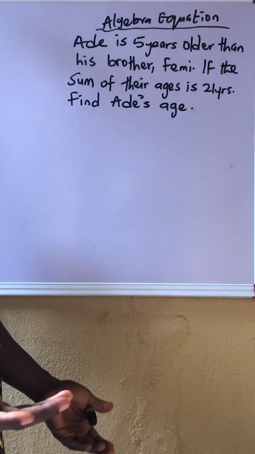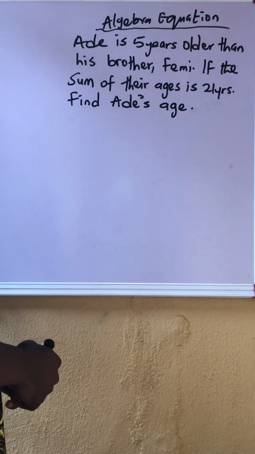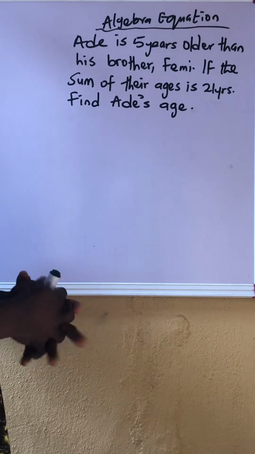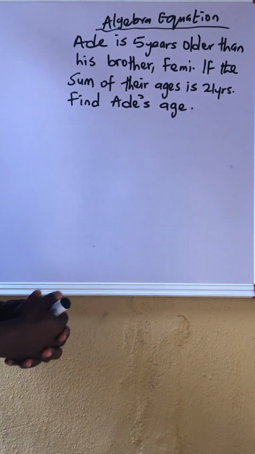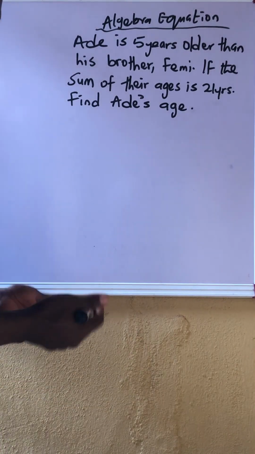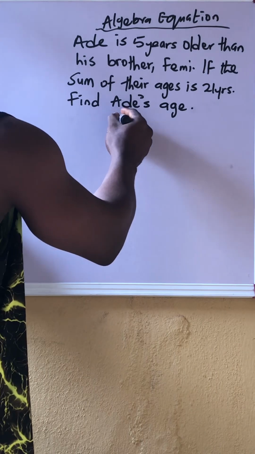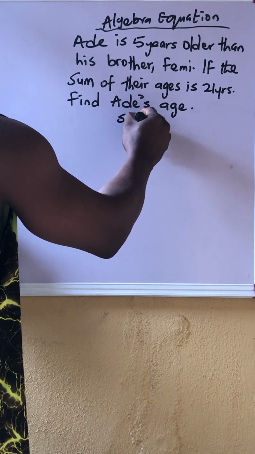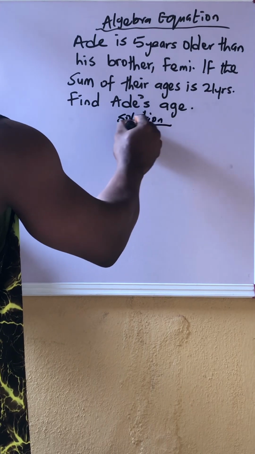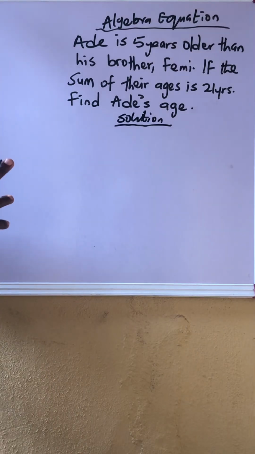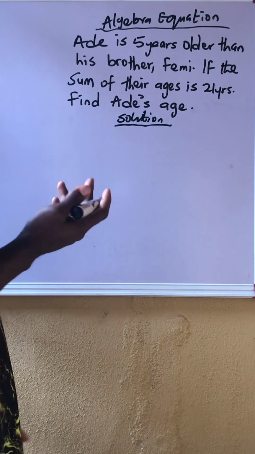So, we don't know what Ade's age is. And Ade is also 5 years older than his brother. So, we don't know what his age is. To solve this problem, you simply start by saying solution. Now, the first thing to do is, we don't know Femi's age.